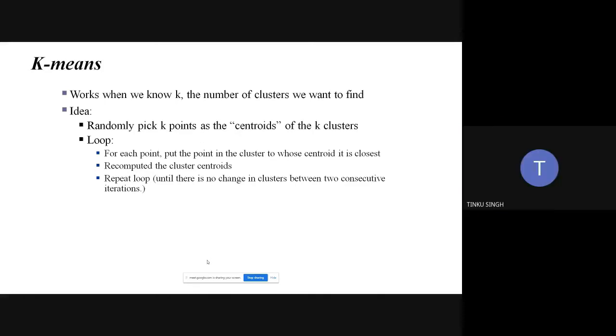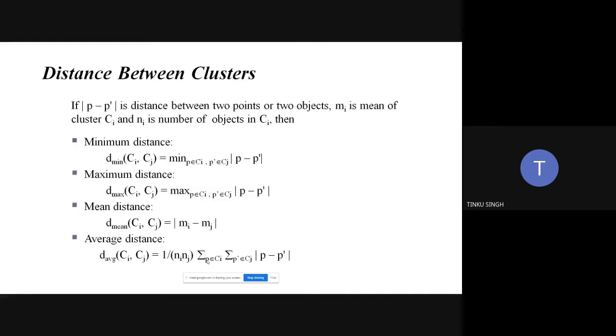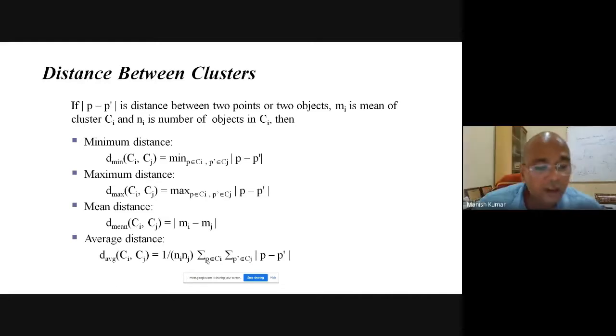There is another question: what is the difference between mean and average distance? Actually, in case of mean distance, we take the mean of the individual cluster's points, so it is the distance of the mean of one cluster from the mean of the other.